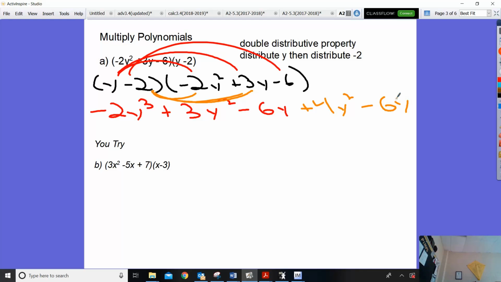How about negative 2 times negative 6, guys? And then congratulations, you're on our first slide of the day. Go with whatever's got the big exponent here. Negative 2y cubed, please.